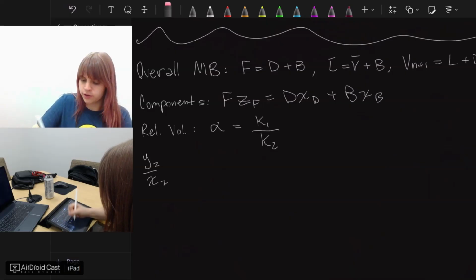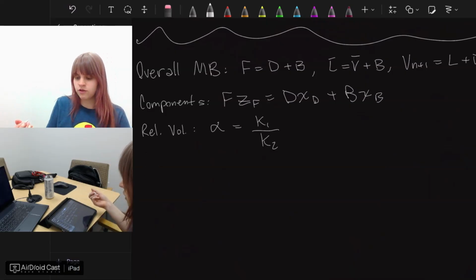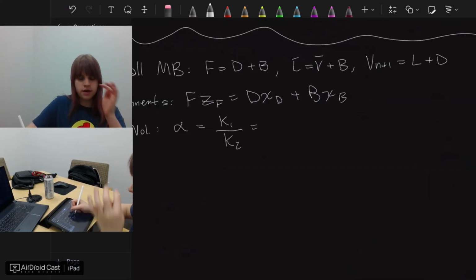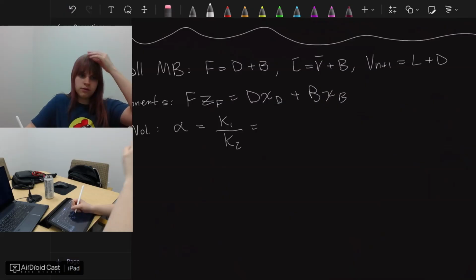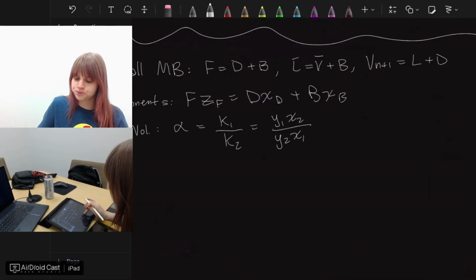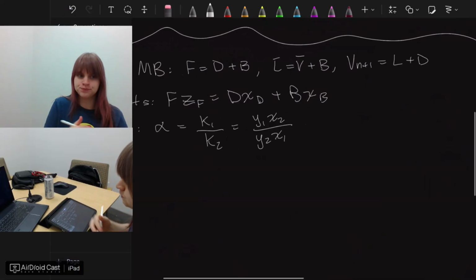And we're comparing those two to each other. So we're saying that this is going to be constant. Because of what I was saying they're equal to, we end up getting Y1 times X2 divided by Y2 times X1. That is equal to the alpha.